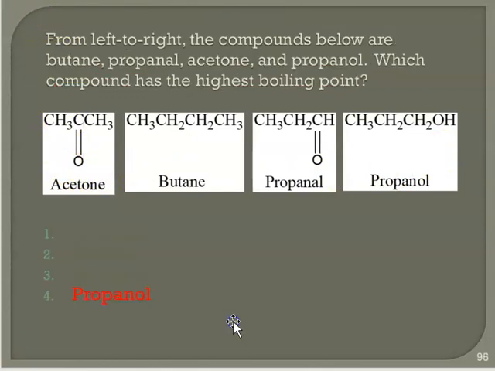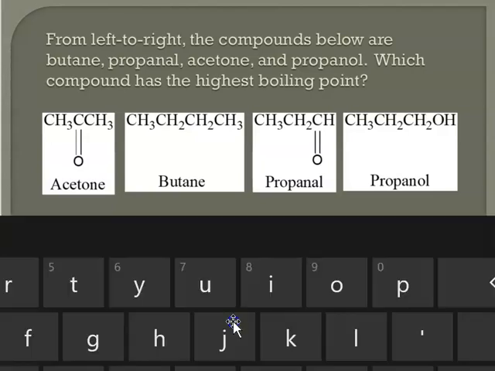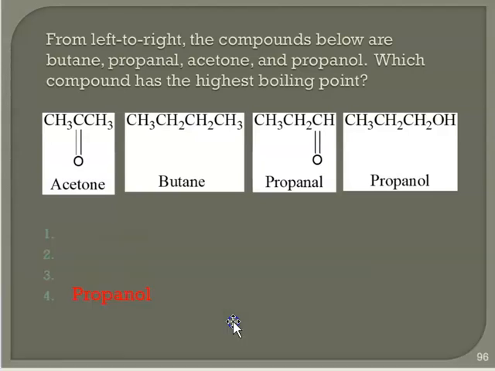It's propanol that has the highest boiling point, and the reasoning is because we have something that can hydrogen bond, right? We have a hydrogen attached to a more electronegative atom.